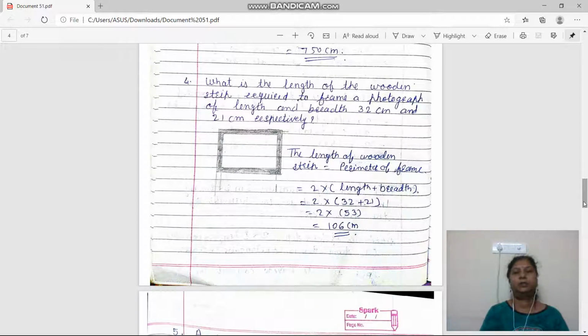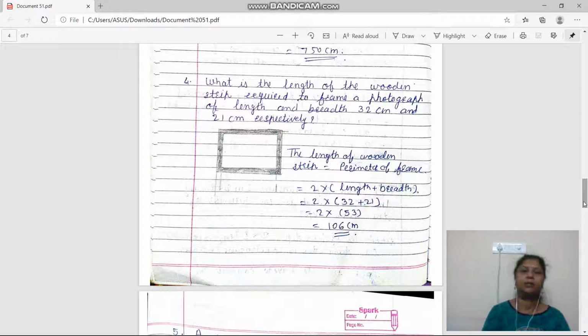So see here, fourth example. What is the length of wooden strip required to frame a photograph of length and breadth 32 centimeter and 21 centimeter respectively? Okay. So first of all, read the example. What things are given? First, tell me the shape of the object. It is a wooden photo frame.